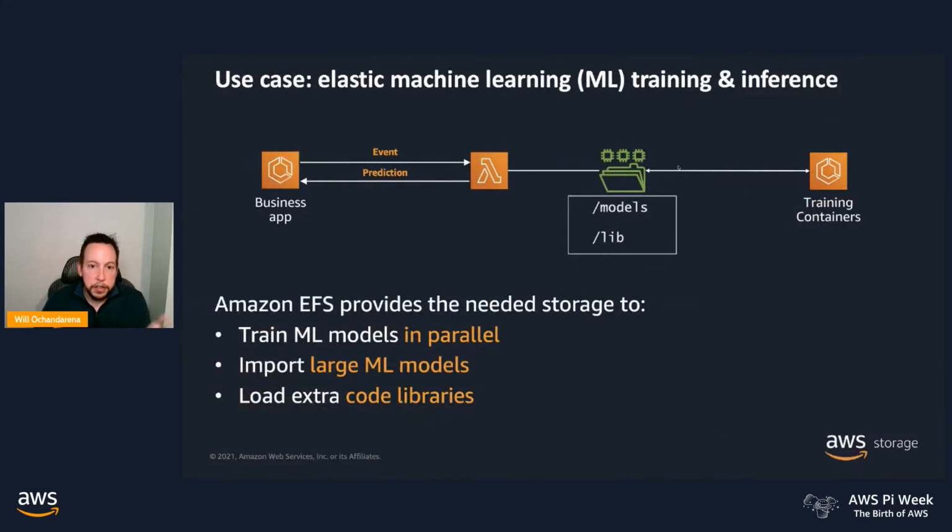Another use case here, and I think it was one that came up in the chat, is machine learning. So with machine learning, of course, there's two parts of machine learning. There's training your machine learning models, and that's something that often happens in parallel in containers using a large amount of training data. So lots of customers have their training data in EFS, and then they load up their training job in containers.